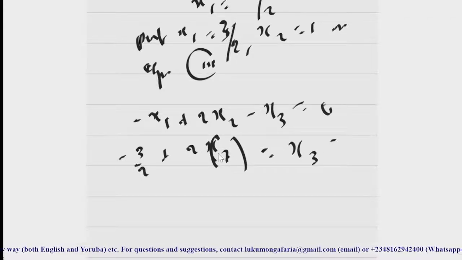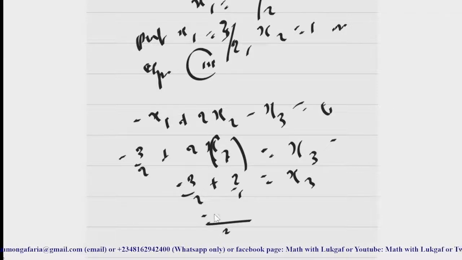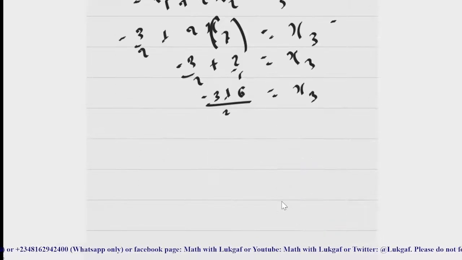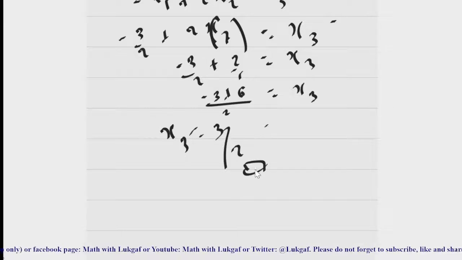I hope you understand what I did. So that's minus 3 over 2 plus 2 is equal to x3. If you find your LCM, then this is going to give me minus 3 plus 4 over 2 is equal to x3. So your x3 will also be 3 divided by 2. I hope you understand. So x3 will also be 3 divided by 2.